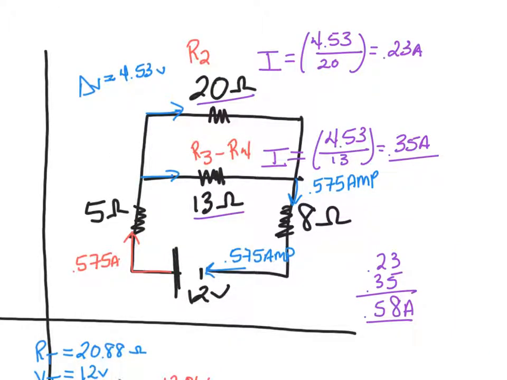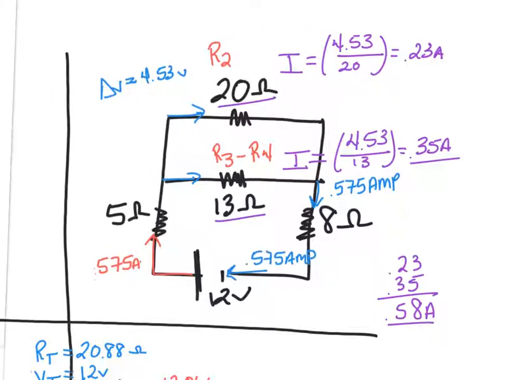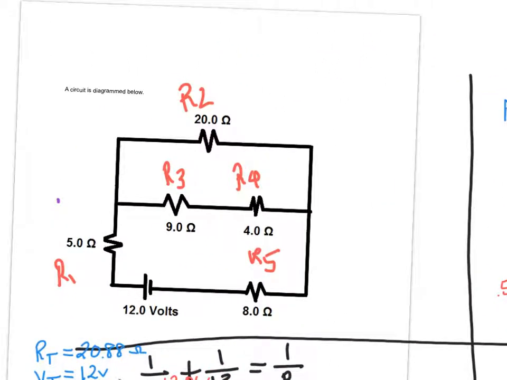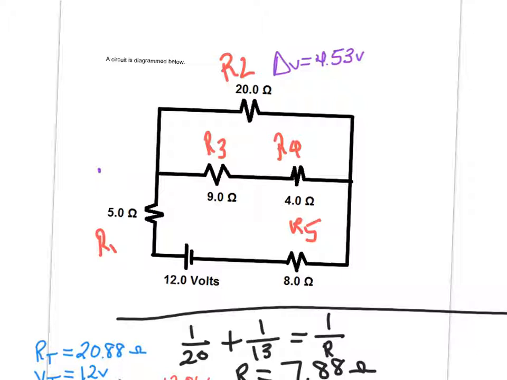Finally, to solve for the potential difference across resistors 3 and 4. We know that the potential difference across resistors 3 through 4 is equal to 4.53. But that potential difference will be split across resistors 3 and 4, since they're tied in series with one another.